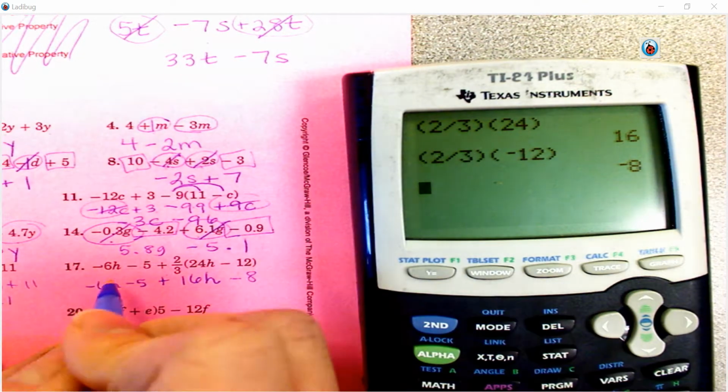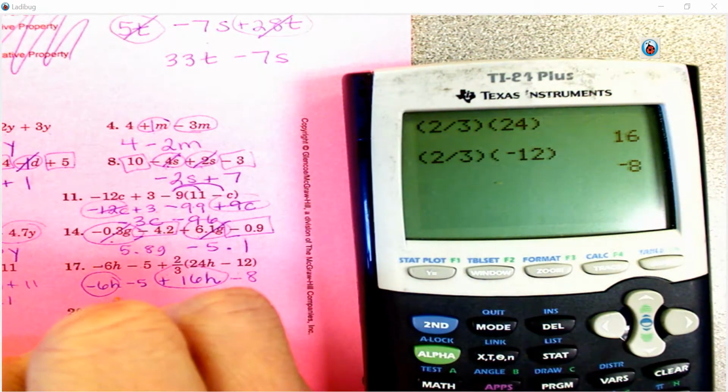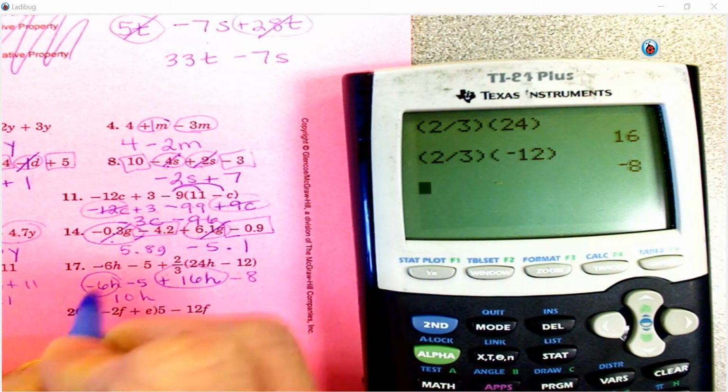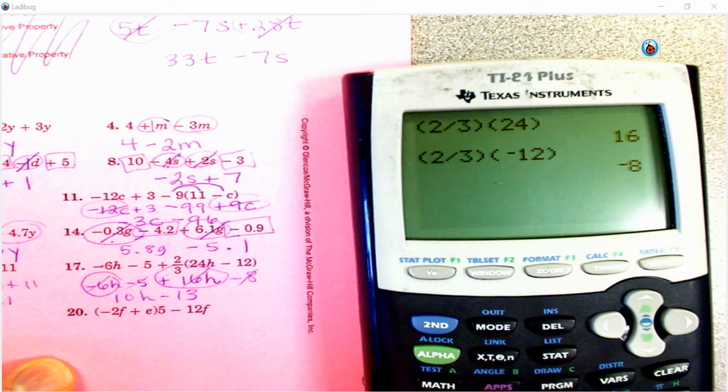And from here we can combine like terms. We have negative 6h and positive 16h, which add to give us positive 10h. And we have negative 5 minus 8, which gives us negative 13.